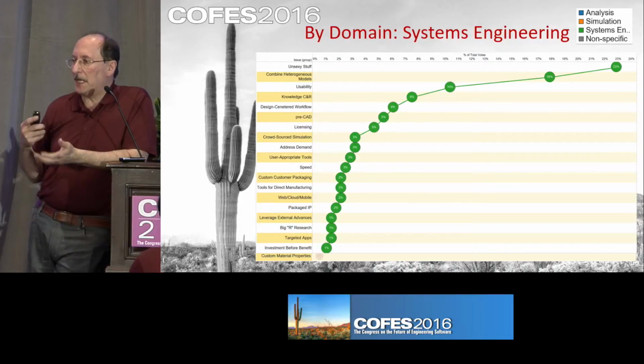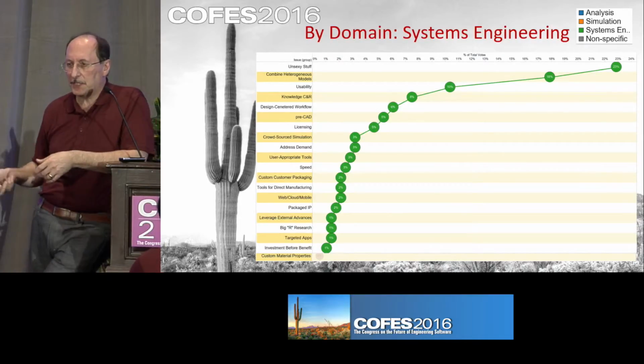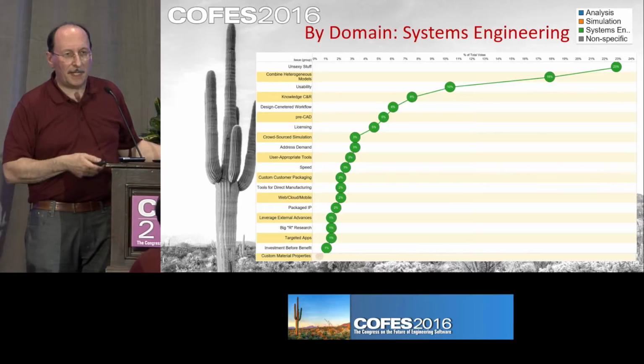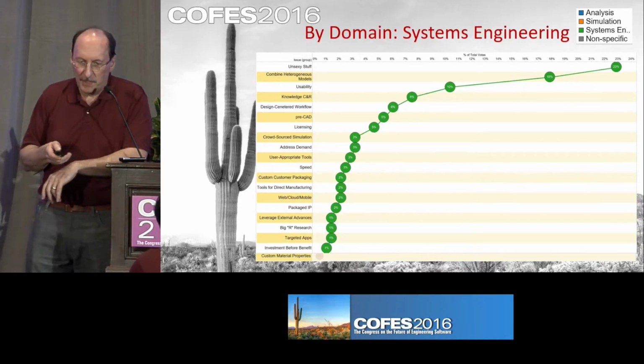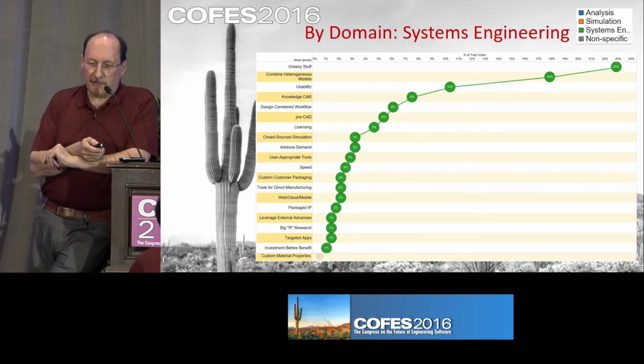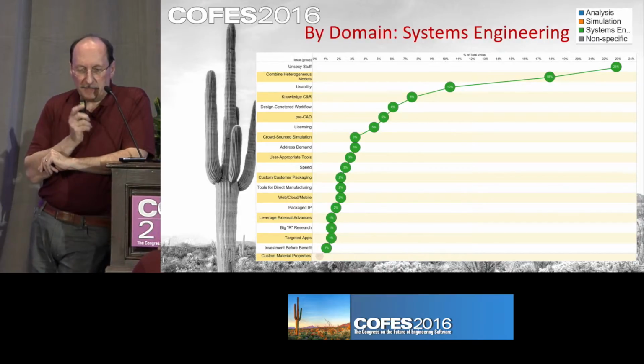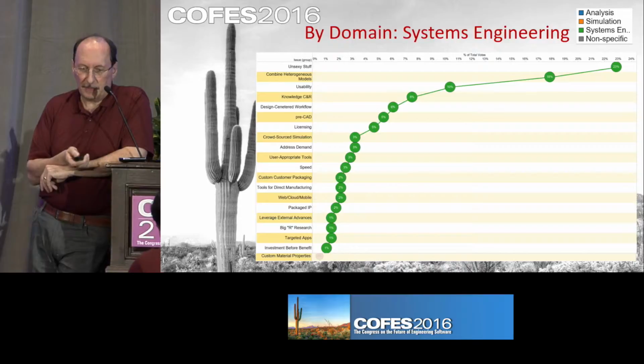There were people from many different domains. There were people from the analysis domain, from the simulation domain, from systems engineering, and people who didn't really tell us what domain they were from. So this is the votes for the systems engineering domain. Unsexy stuff, combining heterogeneous models, and then trailing number 3 is usability.